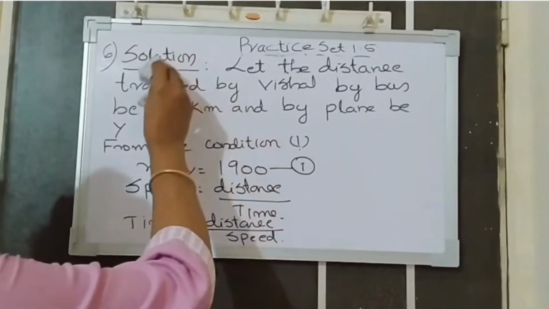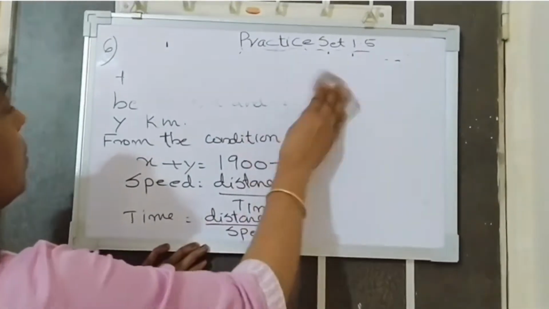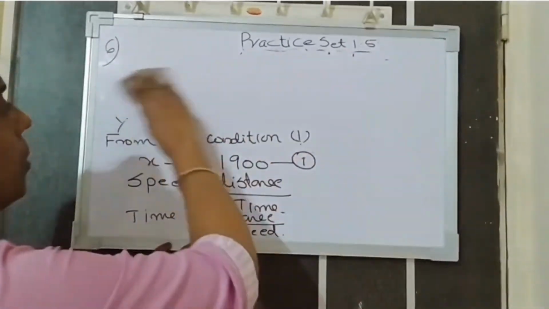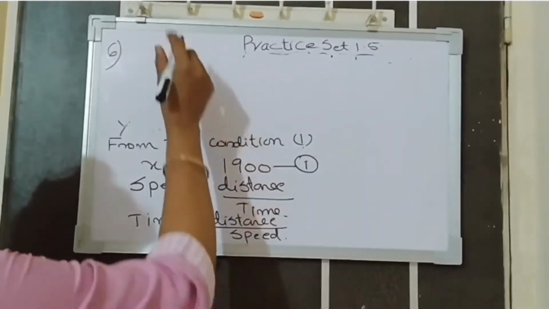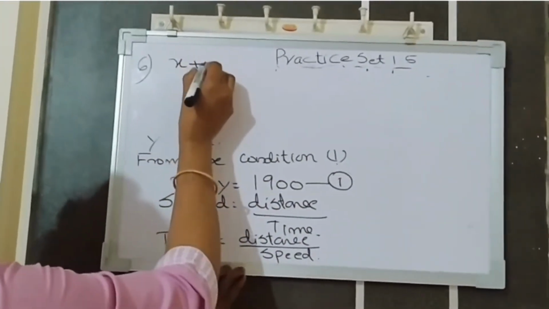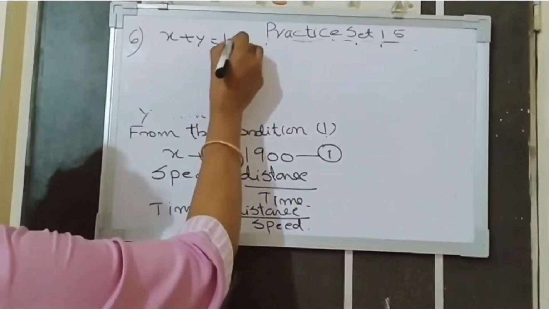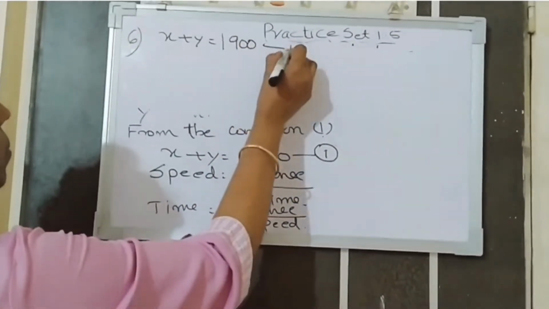Condition 1 is x plus y is equal to 1900, equation 1.